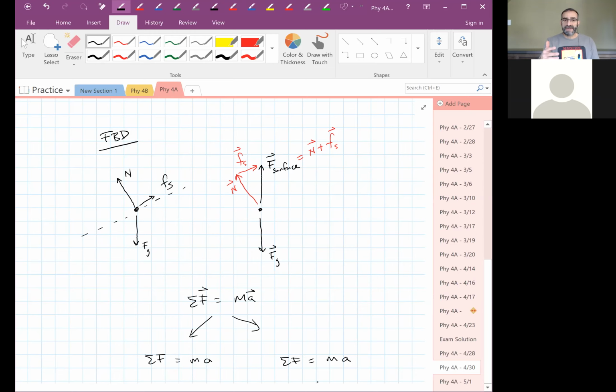And any acceleration that takes place will be along the angle of the surface. So I would make my coordinate system aligned with the angle of the surface, aligned with the acceleration, if there was acceleration. So we could pick this as our coordinate system.